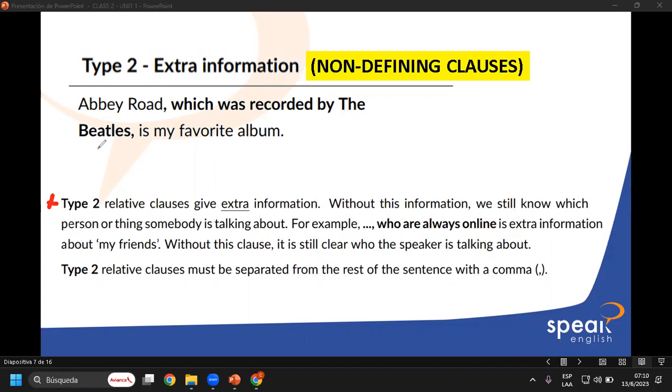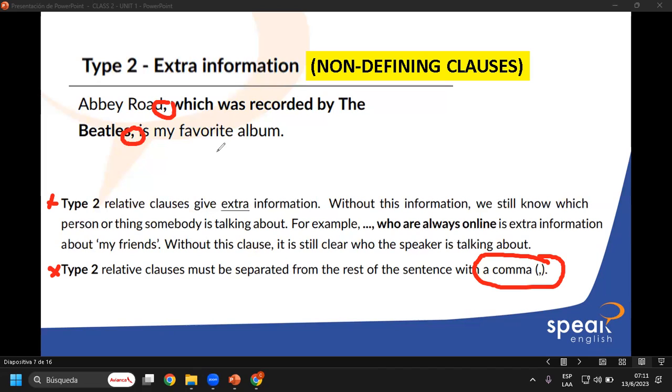All right. Now, important. What happens in the part 2? The relative clause must be separated by a comma. So the punctuation is important. In this scenario, guys, imagine I have a comma here and I have a comma here.